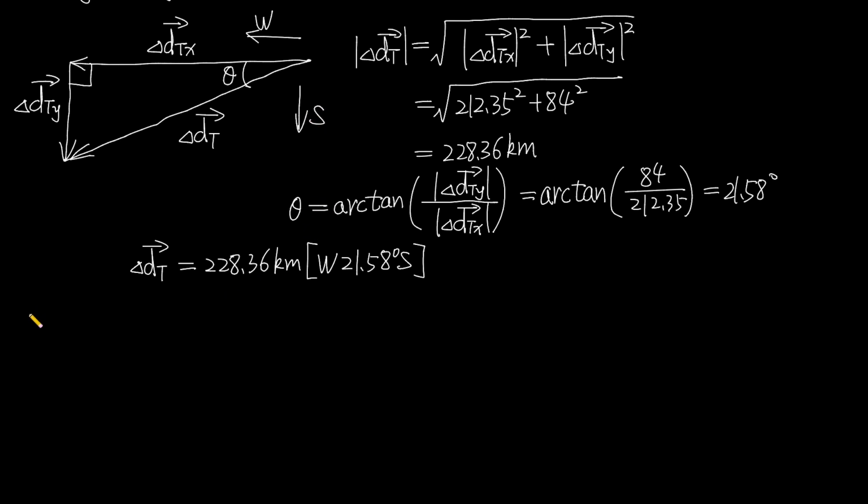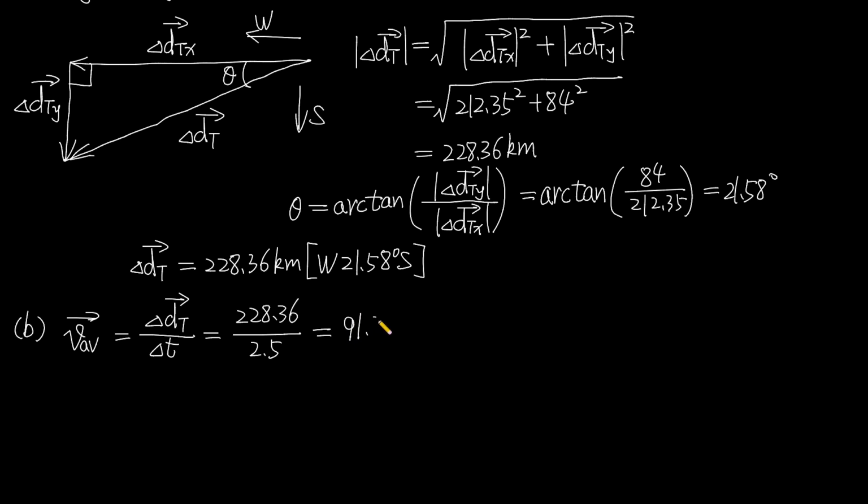Then question B, the average velocity just equals the total displacement delta DT over the time interval delta t, and this equals 228.36 over 2.5, and this equals 91.34 kilometers per hour.